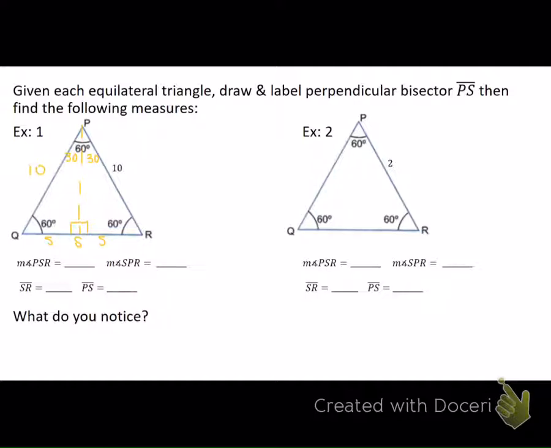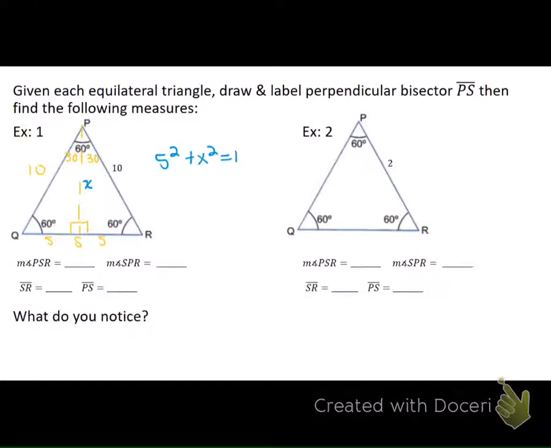So we have two pieces of information in a right triangle, which means we can use the Pythagorean theorem to find the height of that triangle. So I'm going to do 5 squared plus x squared equals 10 squared. We have to get a radical solution that is simplified.